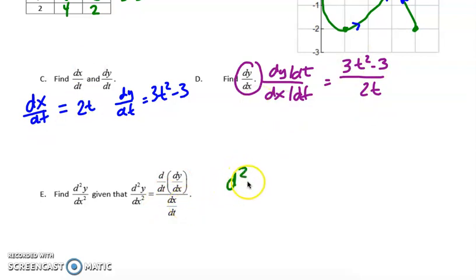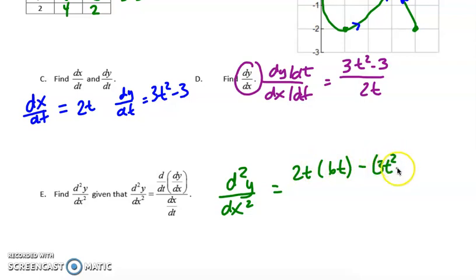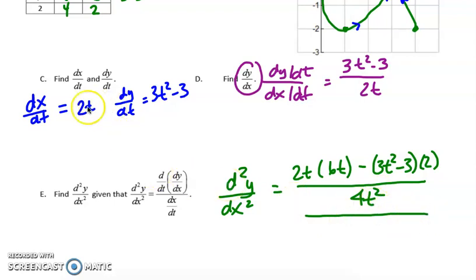We're going to have the second derivative here is equal to, and I need the quotient rule, shall I sing? I'll have low d high, which is 6t, minus high, and then d low, square the bottom, which gives me 4t squared, and away we go. And then I'm going to divide all of that by my dx dt, which is 2t. And I'm definitely going to need to simplify here.